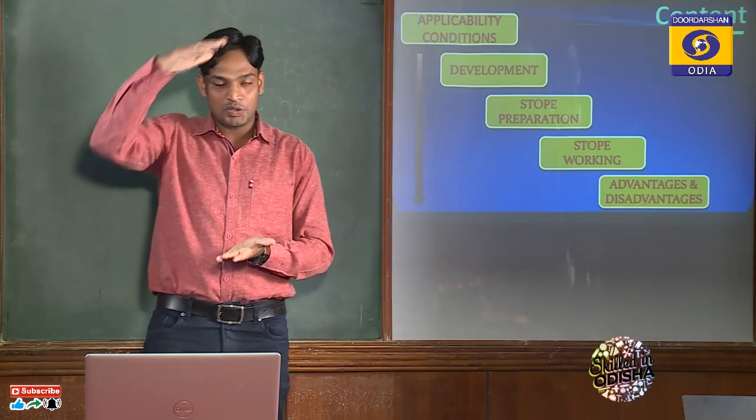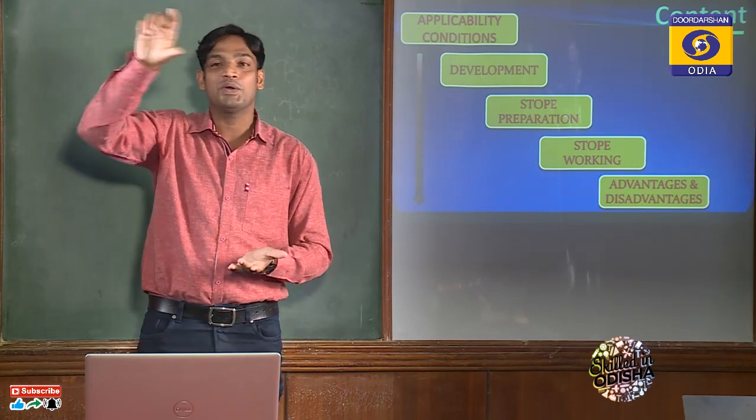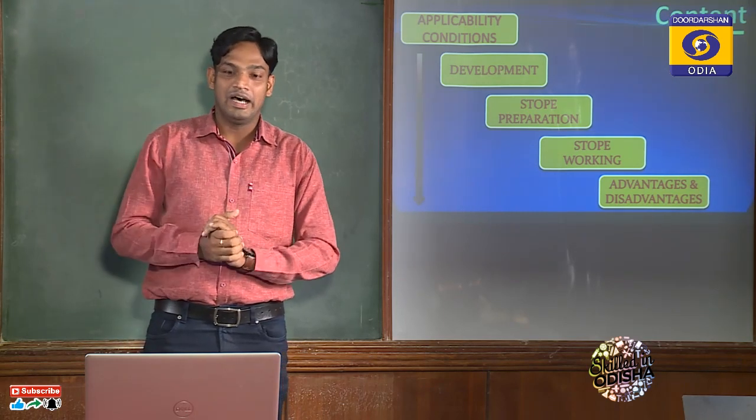In between the lower level and upper level, if we want to drive more levels, those are known as sub levels. This way, the entire ore body is divided into horizontal slices.